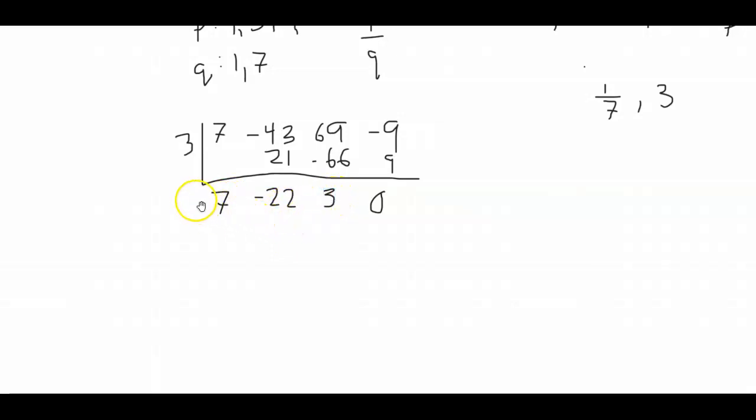But what I'm going to do is I'm going to do synthetic division again with the 1/7. So 1 over 7, I know we're using fractions. Let's see if we can make this work. Bring the 7 down, and we're going to get a 7. 7 times 1/7 is just 1. Bring that down, you're going to get a negative 21. 1/7 of negative 21 is a negative 3.